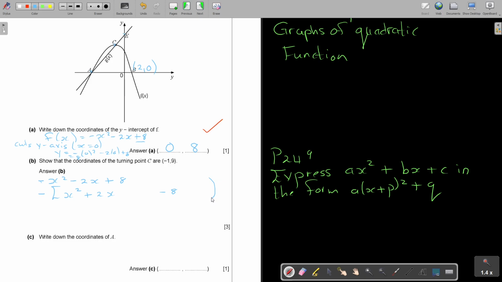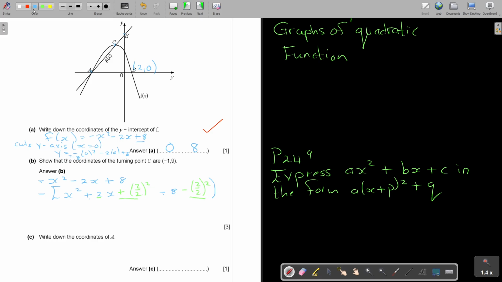So that changed to a positive, that changed to a negative. Then I'm going to add, I take this and I divide by 2 and I square. And what I do here, I do exactly the same. So whatever I add, I must subtract due to the fact that it's an expression. If it's an equation, I add on both sides.